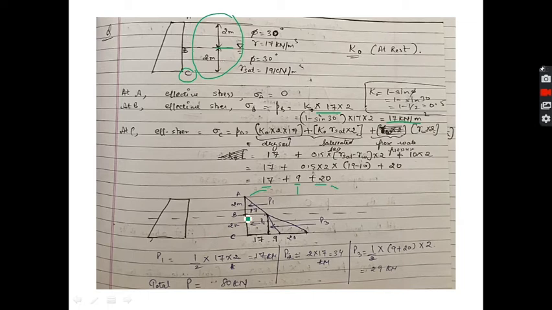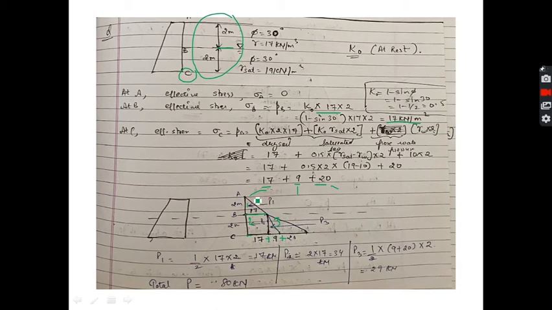So at point B the value is 17, at point C the value is 17 plus 9 plus 20. As you can see, we have drawn the lines up to scale so that we get a proper shape. Now we will divide our area into three portions: one this triangle, second this rectangle, and third this bigger triangle.